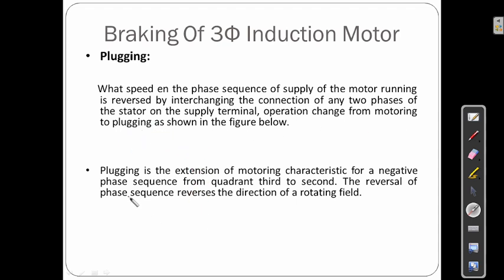Plugging is the extension of motoring characteristics for a negative phase sequence from the third quadrant to the second quadrant. The reversal of phase sequence reverses the direction of the rotating field also.